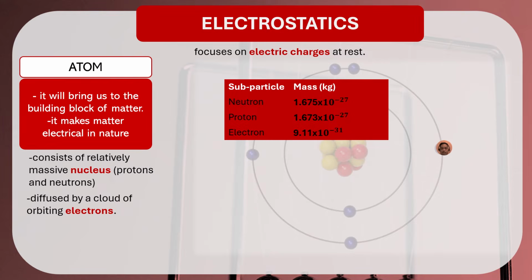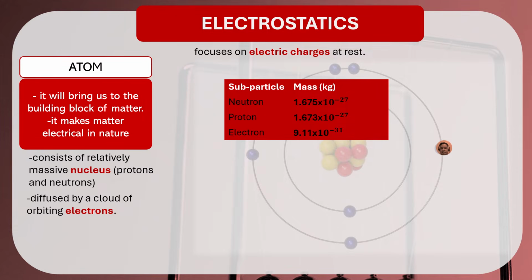And the subparticle masses, please take note of this, are ranked from heaviest to lightest. They are light, I guess, because one atom is very minute, and the masses there are small numbers.